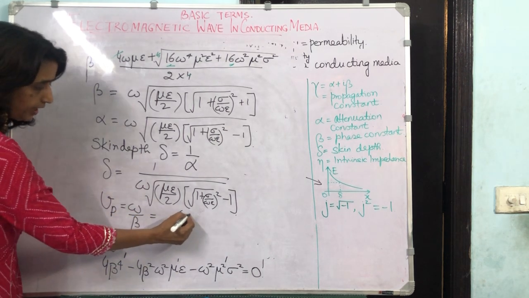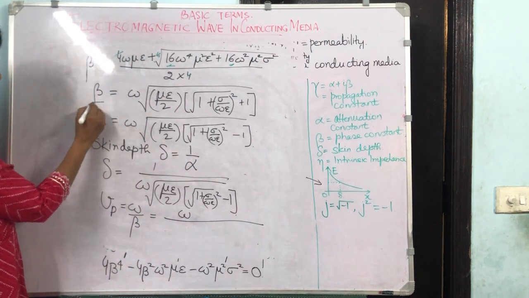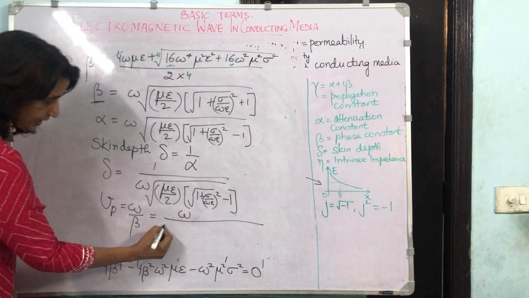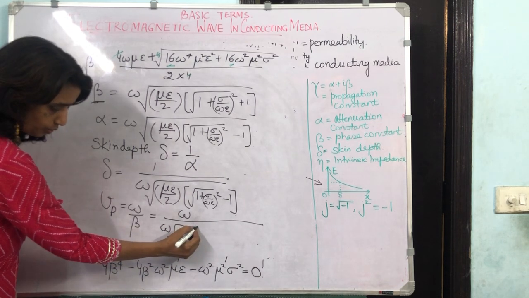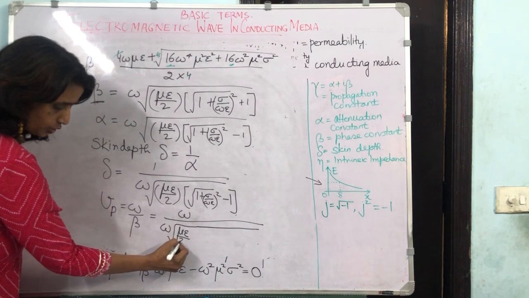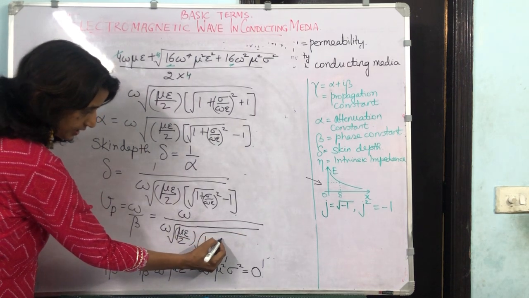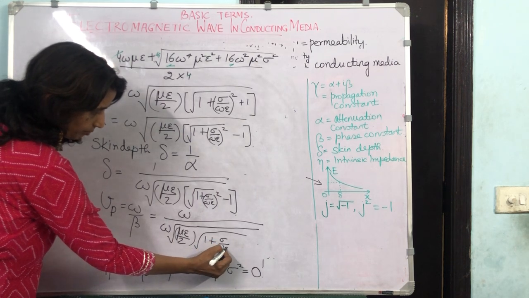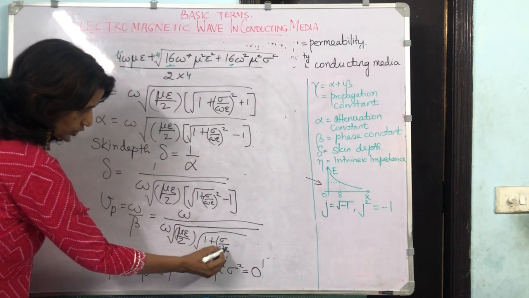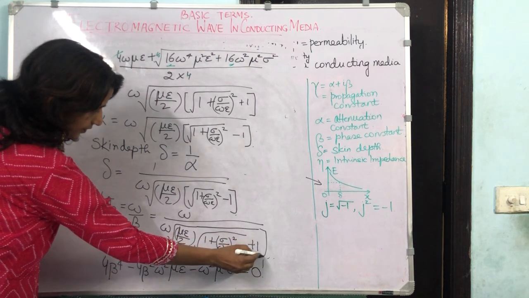Next term, phase constant beta. We know velocity of propagation is equal to omega upon beta. So omega, angular frequency 2 pi f, you can leave it as such, and beta we get from here, that is omega under root mu epsilon by 2 under root 1 plus sigma upon omega epsilon whole squared, plus 1.